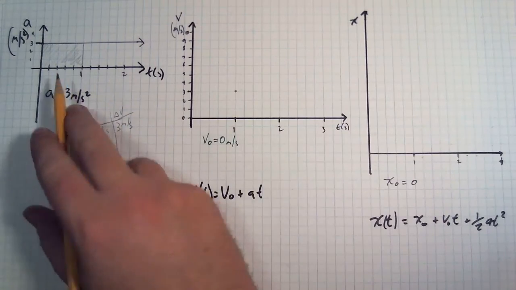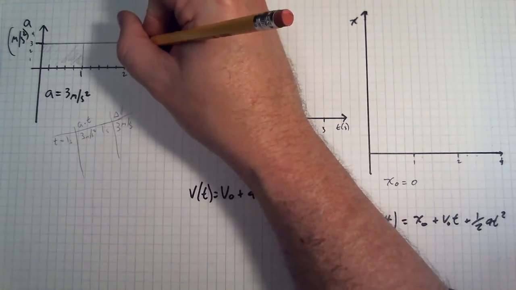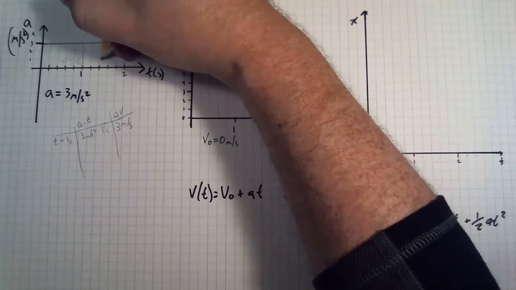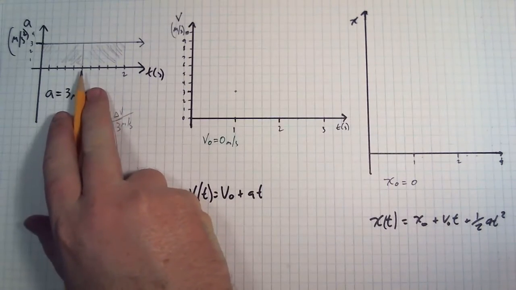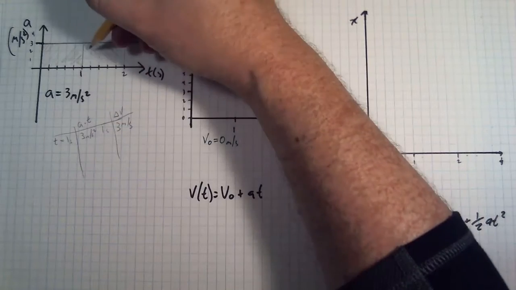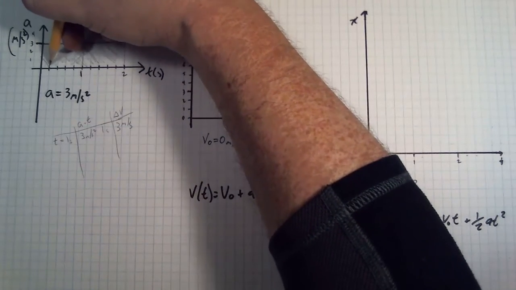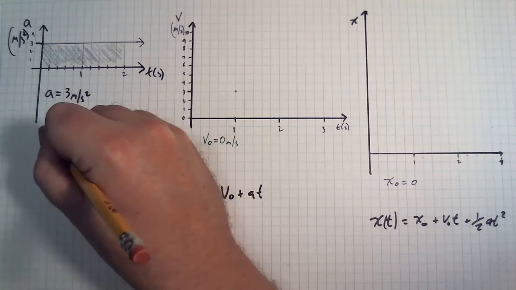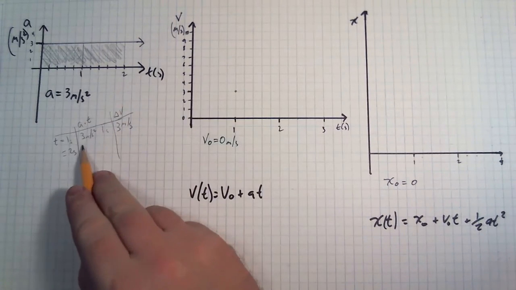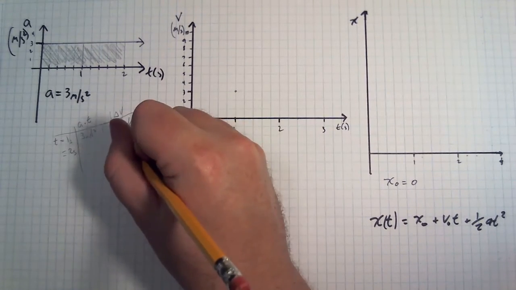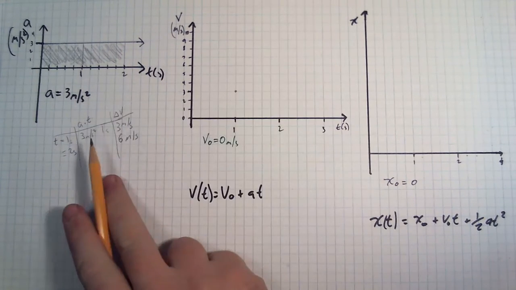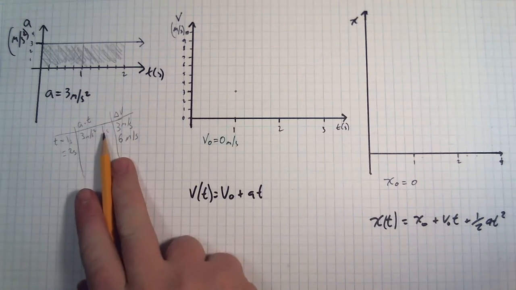All right, let's just continue on. So now let's see what happens when we get to 2. I'm going to shade in this. Now the trick, remember, since I'm talking about 2, I actually need to talk about all of this space. So t equals 2 seconds, 3 meters per second squared times 2 seconds gives me 6 meters per second.